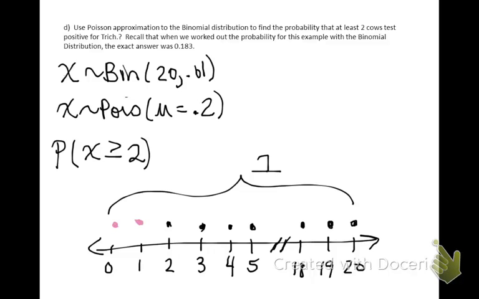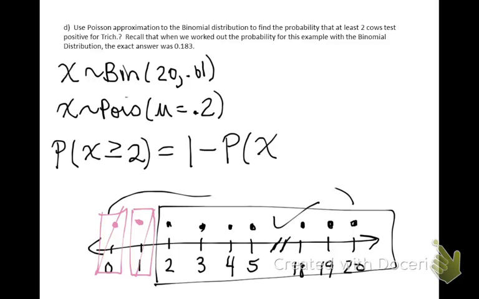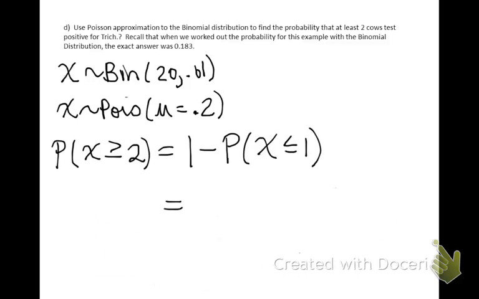And the idea is that if you take 1 and subtract out the 0, subtract out the 1, it should leave over the 2 through 20 that we were looking for. So to work out this problem, we're actually going to find 1 minus the probability that x is less than or equal to 1. Now this is what we found in the previous example. This is 1 minus 0.98 or 0.02.